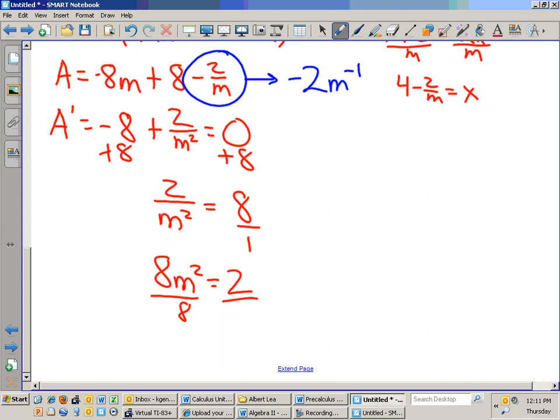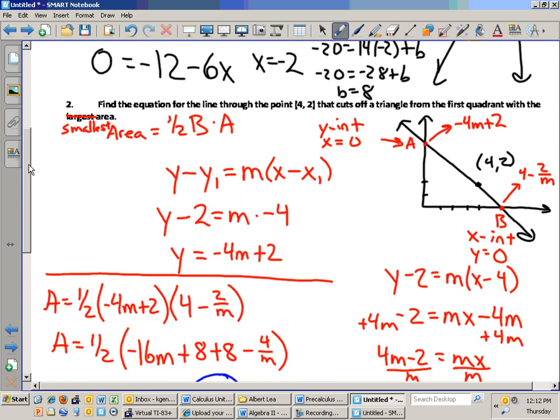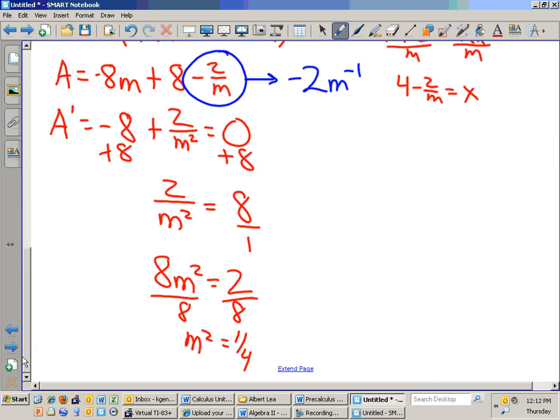Divide by 8. M squared equals 1/4. So m is 1/2. Positive 1/2 or negative 1/2? Look at my slope. M should be negative 1/2. So I come up with two solutions, positive 1/2 or negative 1/2. I need the negative 1/2 because the slope is negative.